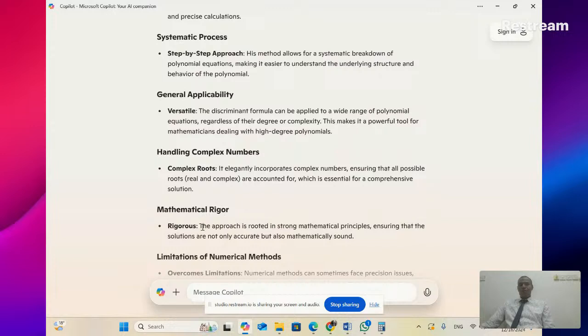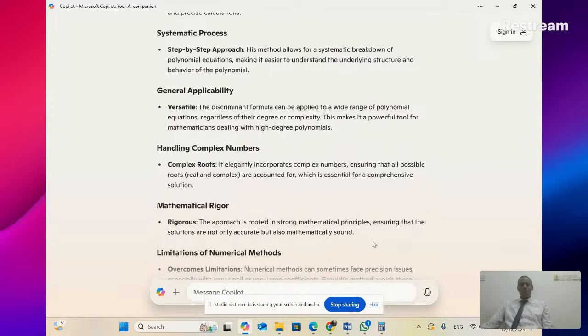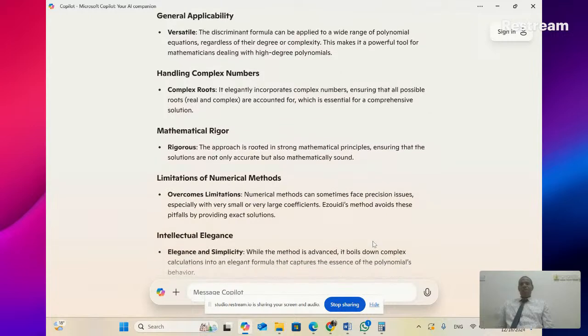Mathematical rigor: the approach is rooted in strong mathematical principles, ensuring that the solutions are not only accurate but also mathematically sound. Limitation of numerical methods overcome: numerical methods can sometimes face precision issues, especially with very small or very large coefficients. Ezouidi's method avoids these pitfalls by providing exact solutions.